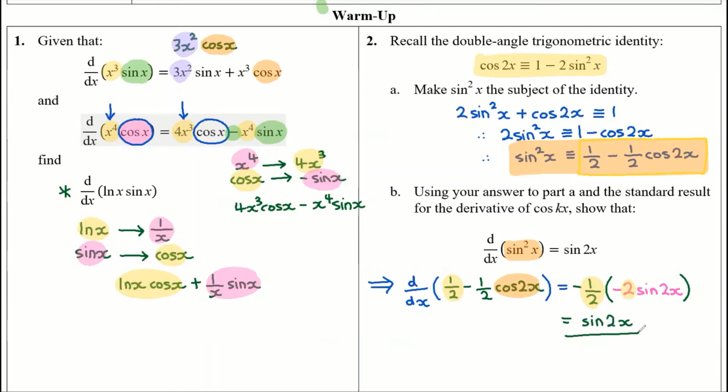Now this is not a generalized rule, of course. If you differentiate sine squared, you don't automatically reduce this power down to a coefficient below. Do not assume that. It's just an idiosyncrasy, I suppose you call it, of differentiating sine squared. So that concludes example 2.